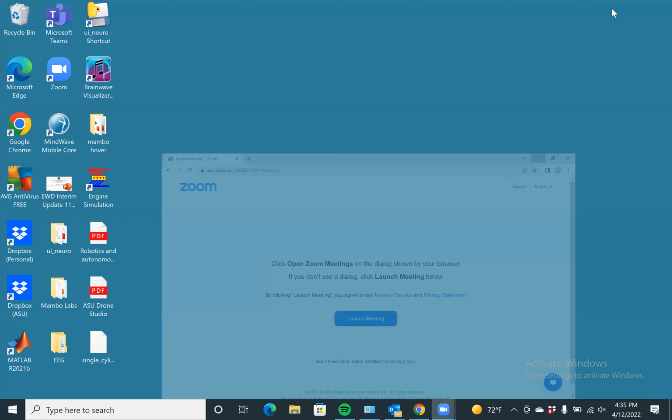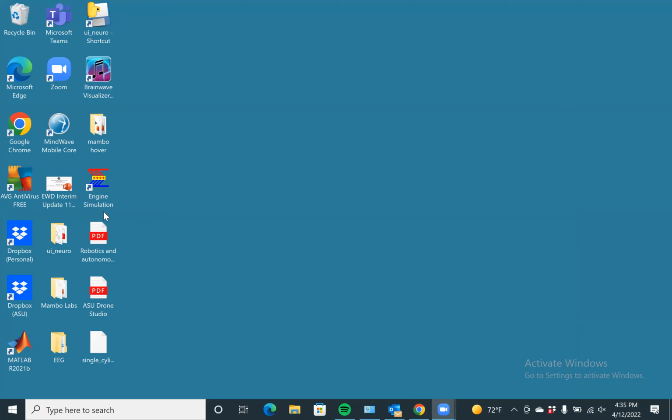I'm going to share my screen. That way I will show you what needs to happen. First you go to Canvas, and there is a .sim file that you need to download. That sim file contains all the components that you need to run the simulation.